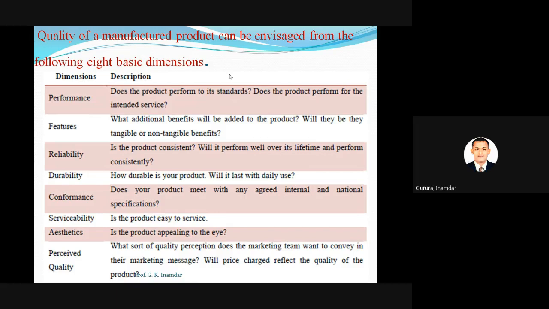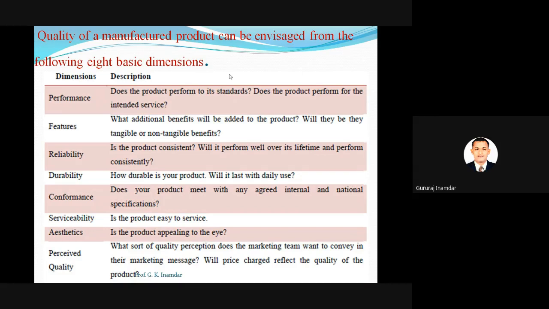Whatever services we have to give, whether that product is giving the entire services very well to the society, the consumer or customer. So according to the performance, we have to find out or increase the quality of the product. Is it right? That performance will show whether quality improvement is required or not. So this factor is also very important.